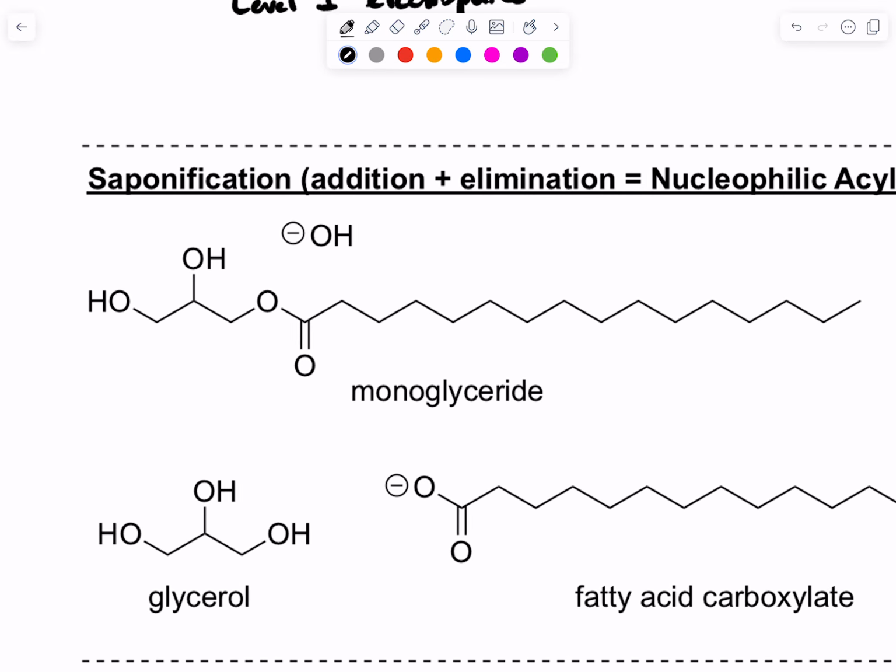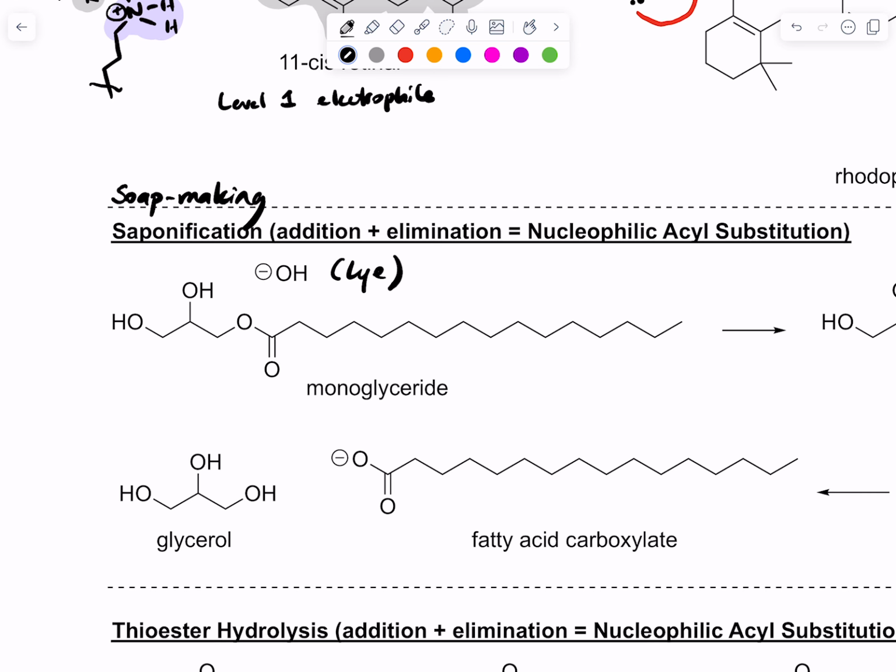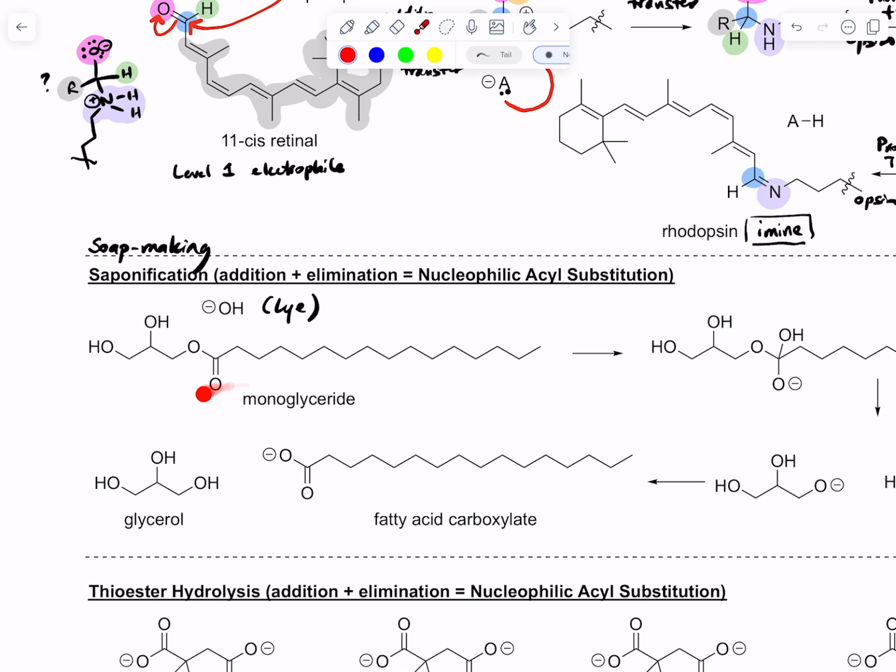So this reaction is called saponification, which is the soap-making reaction. You use hydroxide that you get from lye, and then you use triglycerides. Now, for simplicity's sake, I've just got a monoglyceride here. This used to be a triglyceride, and it's already gone through a couple other reactions first. Doing this just to be simple.